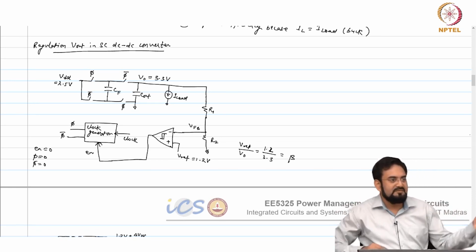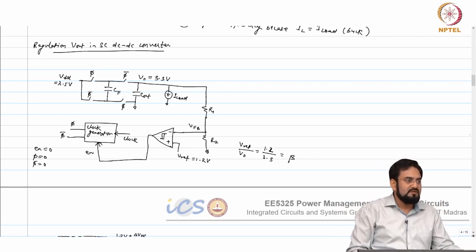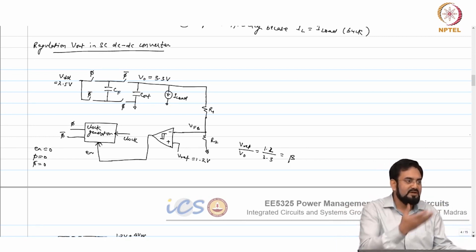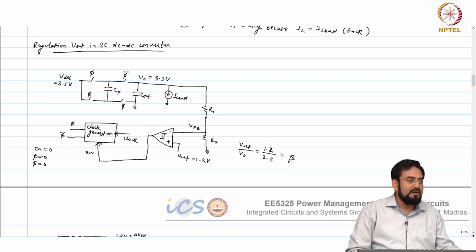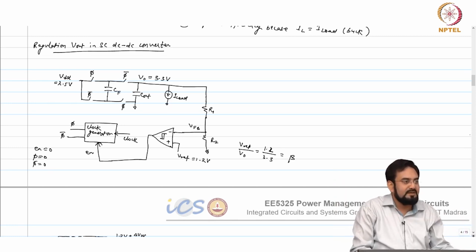So, the total current drawn from VDD to output in a steady state will be 0 under no load condition. But if it never goes to the steady state voltage, that means you are still charging the output cap. So, there is a current in the path.